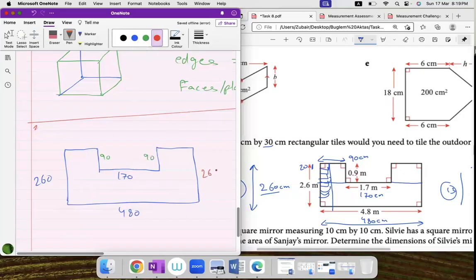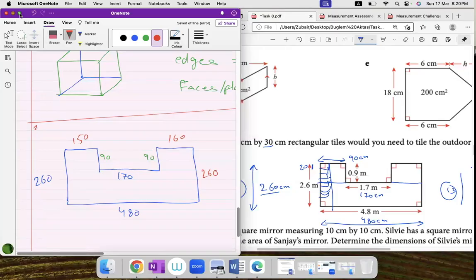And this is 260. And there should be something given if we just take those equal. 480 minus 170 is 310. And if they are equal, or if this is 150 and this is 160, 150 plus 160 is 310.